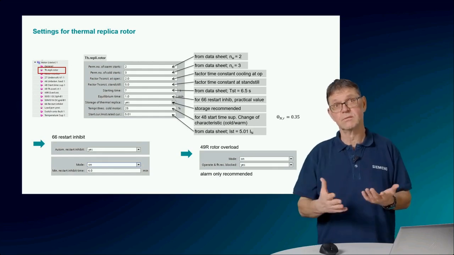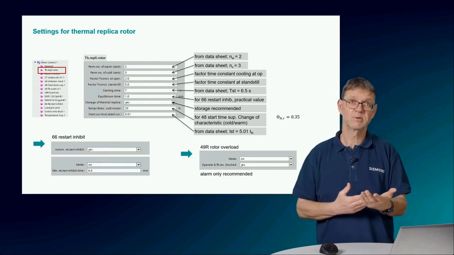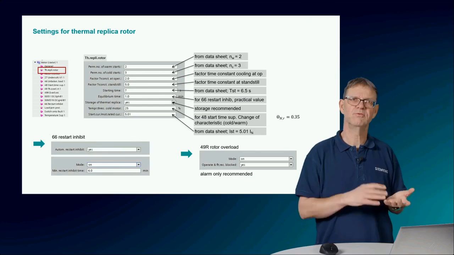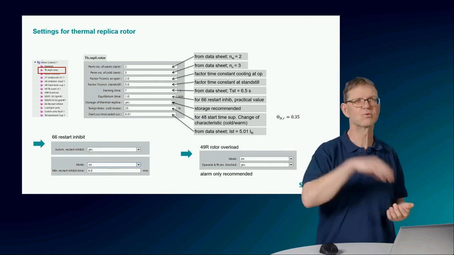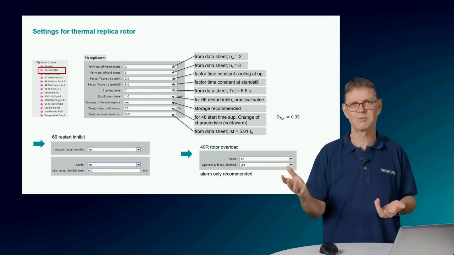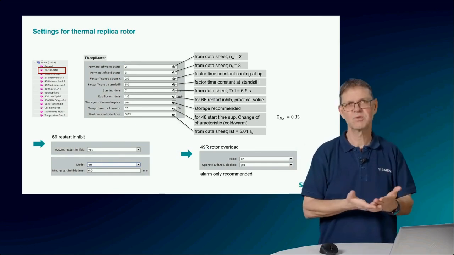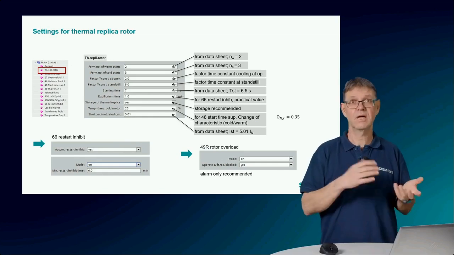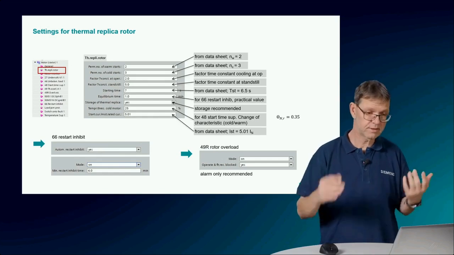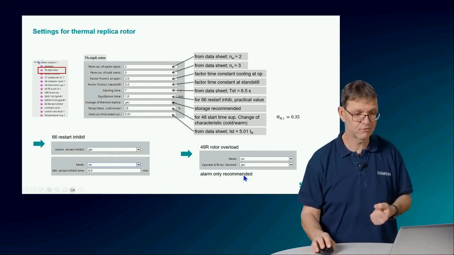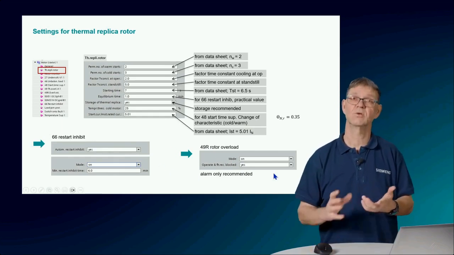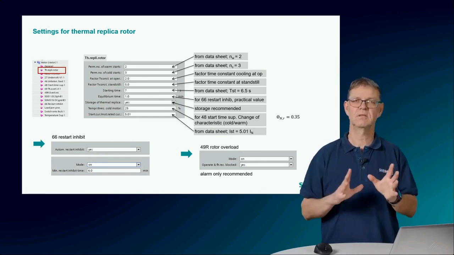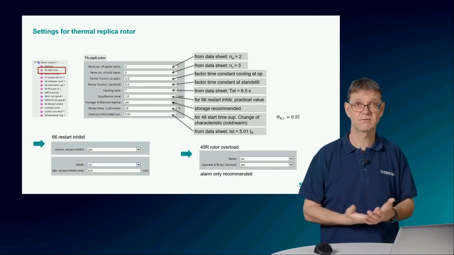If you use that, you will trip as soon as we reach 100%, which could be not the desired behavior if you are in the startup, which maybe overshoots a little bit and goes to a maximum of 105%, and at 100% you give the tripping command. If you want to avoid that, set this to alarm only, or in this case, with SIPROTEC 5, operate and fault record blocked: yes. So it just produces an alarm and no tripping command, and then you get just the indication that you're above the 100% value for the temperature.